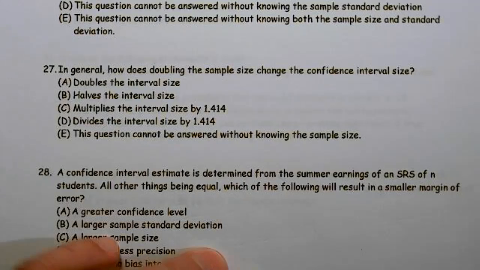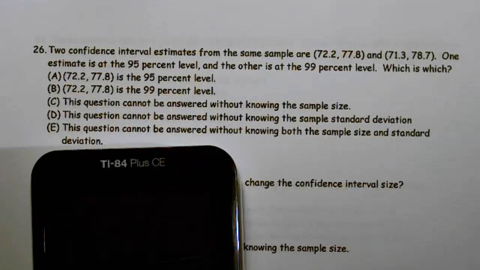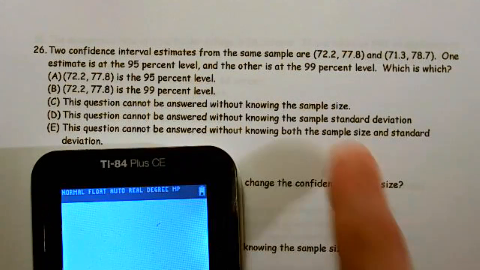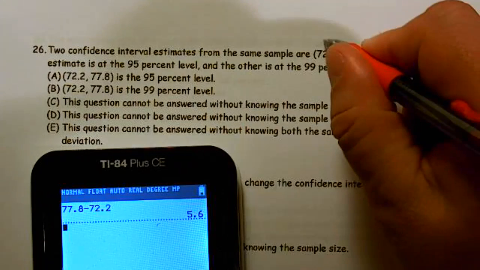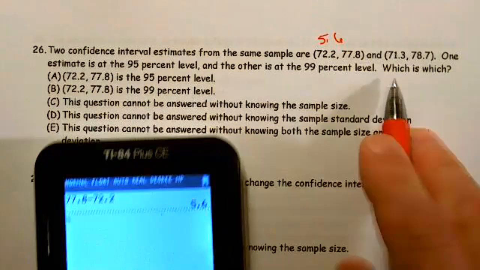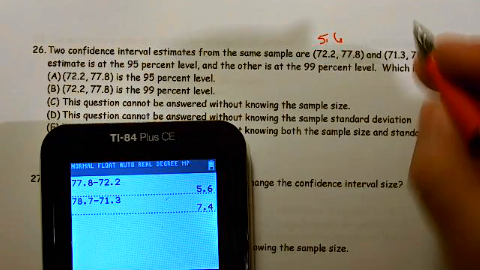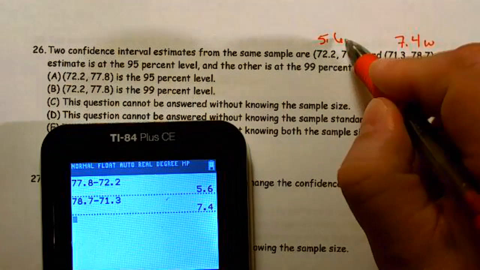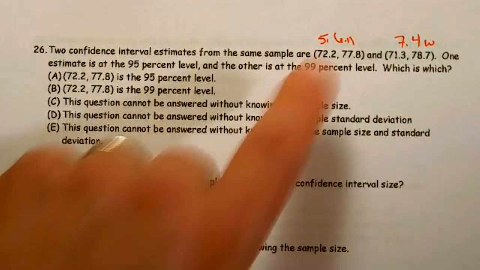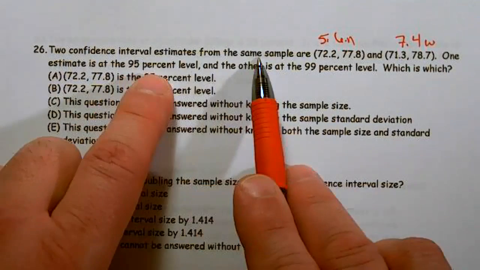Well, I'm just going to take these intervals: 77.8 minus 72.2 gives an interval width of 5.6, and 78.7 minus 71.3 gives a width of 7.4. So this interval is narrower, this one is wider. And they're from the same sample.